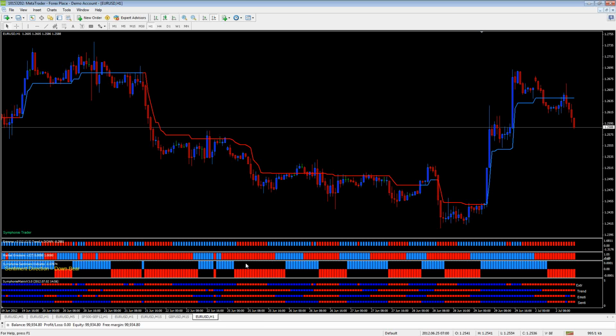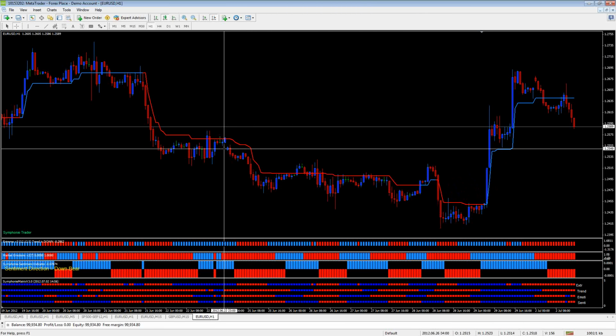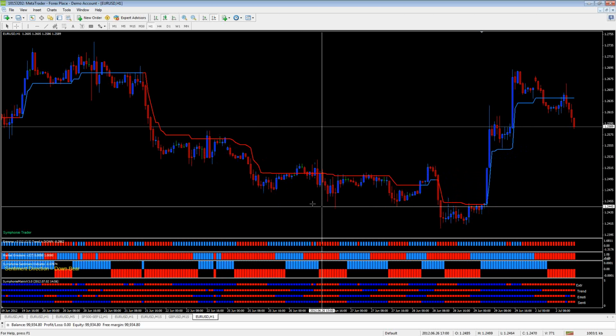So the market emotion usually goes with longer trends, or with the general emotion or the general trend. It doesn't necessarily change at extreme points or anything like that. And as long as it's a longer trend, the market emotion keeps its color the same.